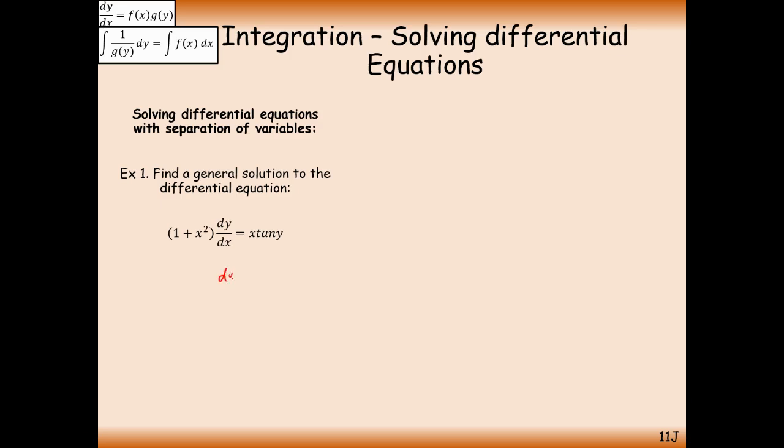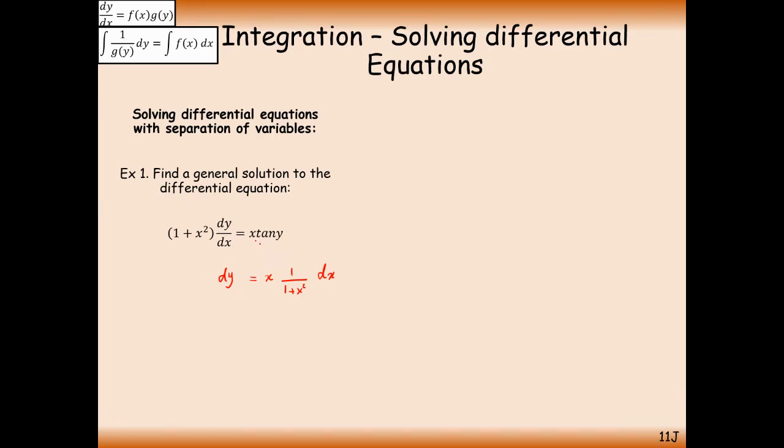That means we always have to have dy's and dx's up in the numerator. We said that we are going to multiply by d of x. So d of x will come here. I've left the gap here on purpose because we will also have to divide by 1 plus x squared.